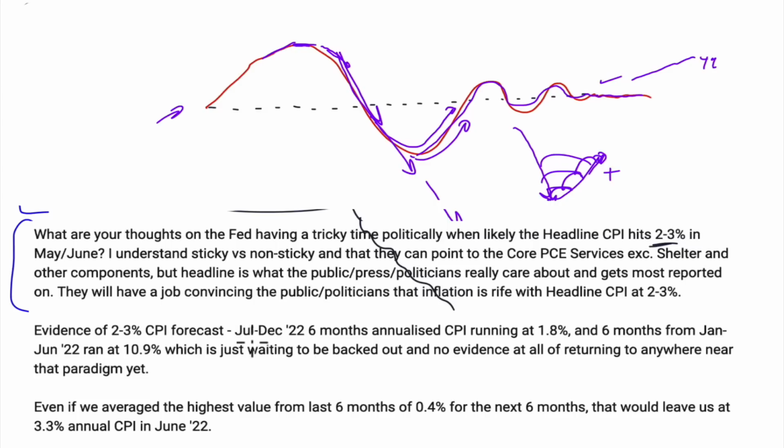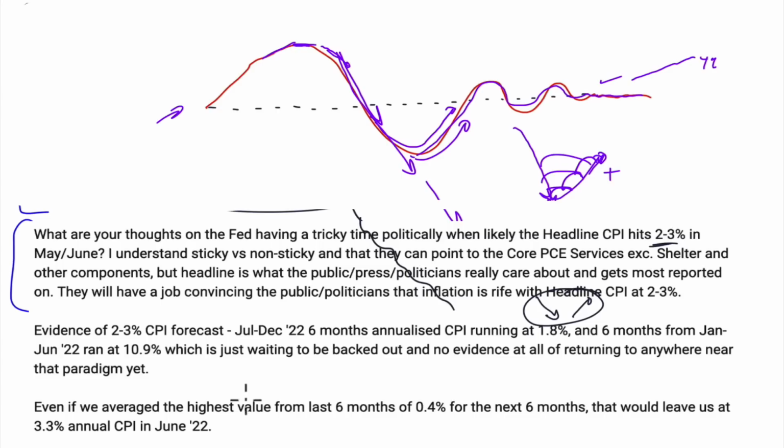Evidence of 2 to 3% CPI forecast, July to December 22, 6 months annualized CPI running at 1.8%. Again, because you're taking an amount of deflation along with inflation and putting it together. If you go to the Atlanta Fed and you just look at the sticky component of core PCE, it's 5.8. And look at the 1 month and the 3 month annualized, you're still at 5.7, 5.8%.